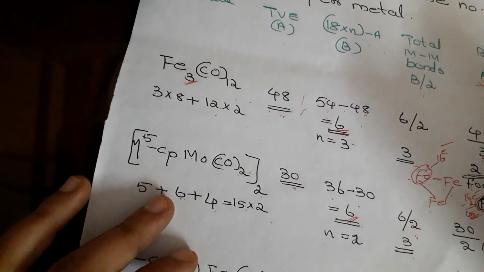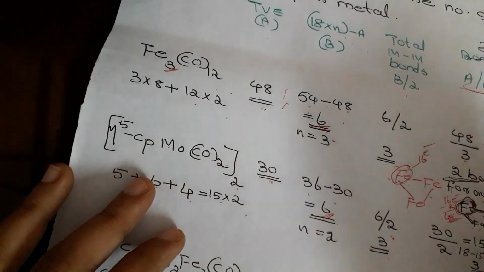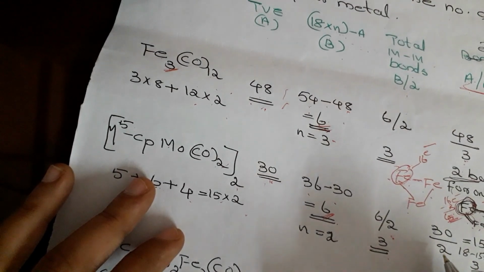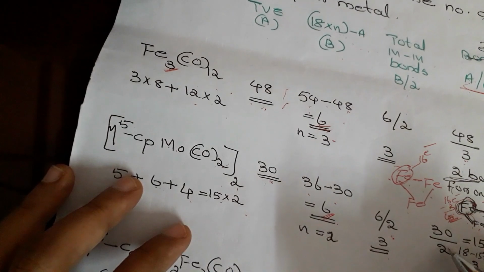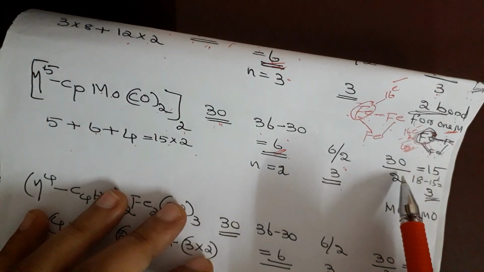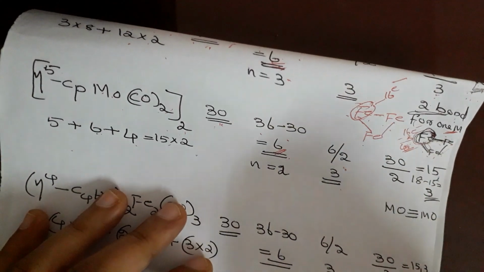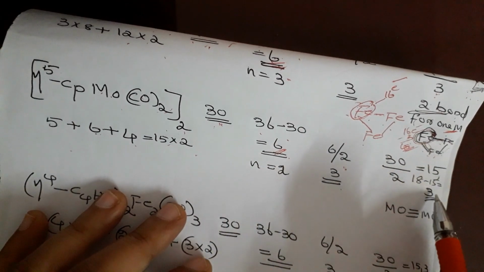Then how many electrons is one metal atom carrying? A by n: A is 30 divided by 2 metal atoms, we get 15. So one metal atom has 15 electrons. Then how many bonds does it have? 18 minus 15 is 3.